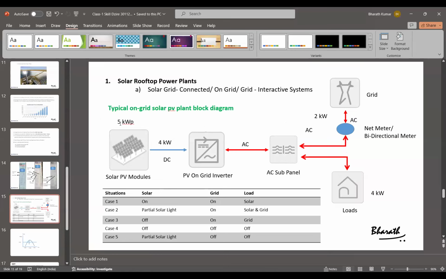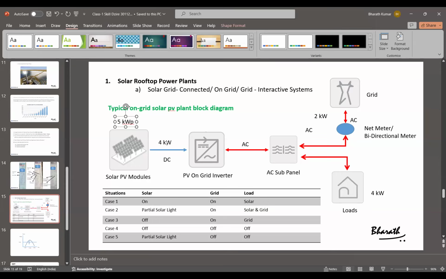Suppose your residence requires a 5 kilowatt system. You install a 5 kilowatt solar power plant, but at peak time we cannot get 5 kilowatt at all times.